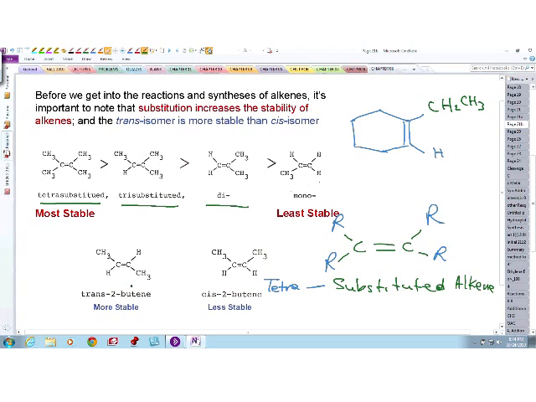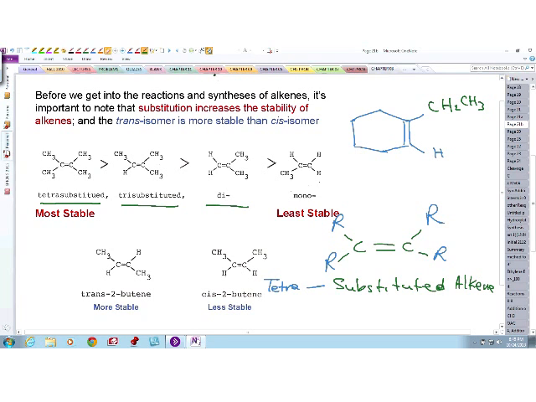And as we showed you in the experiment in the last slide, the trans alkenes are more stable than the cis alkene. Okay. So far so good, right?